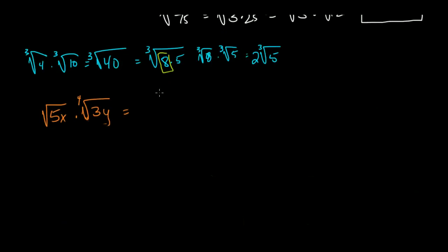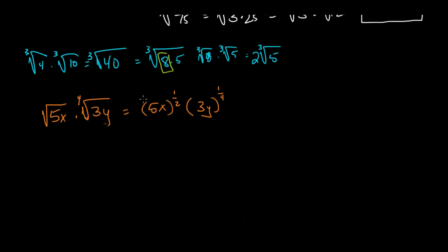Let's turn this factor into a rational exponent. So that would be 5x raised to the 1/2 power, while I'm going to multiply that by 3y raised to the 1/4 power. And so now we can deal with this a little more easily.